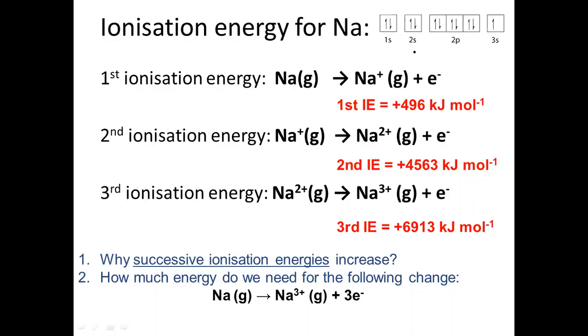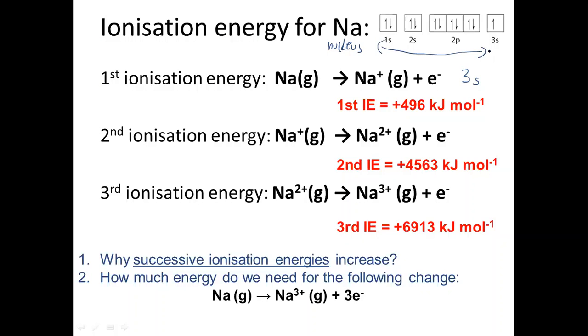So this is the electron configuration of sodium. You can see 1s2, 2s2, 2p6, 3s1. Which electron is going to go first? Well, we're going to start with the highest energy level. So this is my 3s electron. So if I have the nucleus here, this is the furthest out.